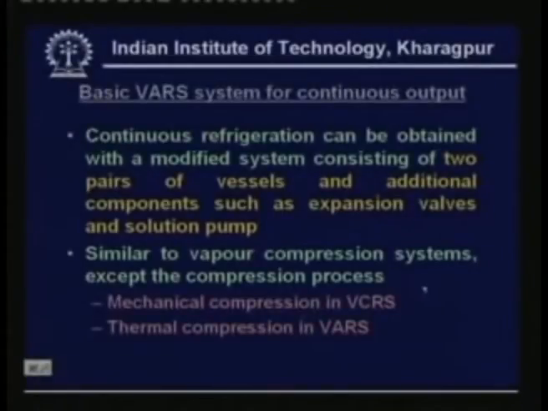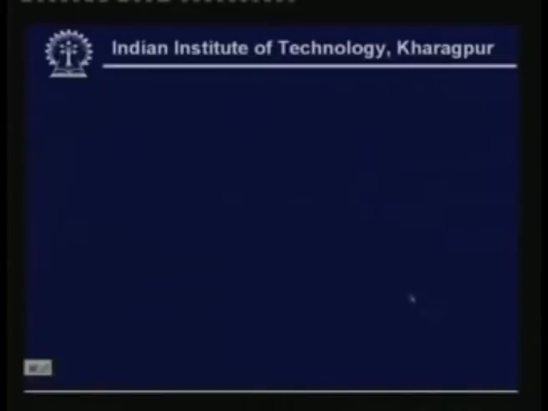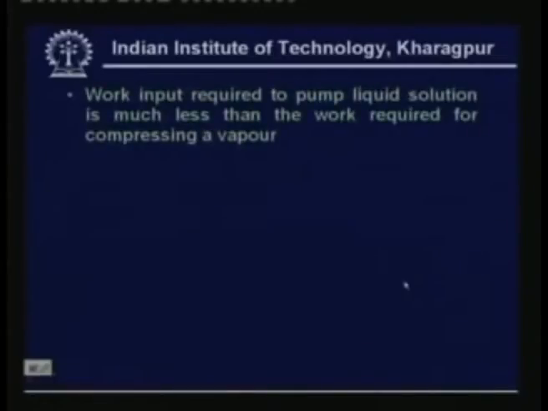So that is the major difference you have seen. Now what is the advantage of this? If you look at the components and the schematic, you will find that the vapor absorption system is a lot more complicated compared to the vapor compression system. We had only 4 components in the vapor compression system, whereas we have 7 components in the vapor absorption system.